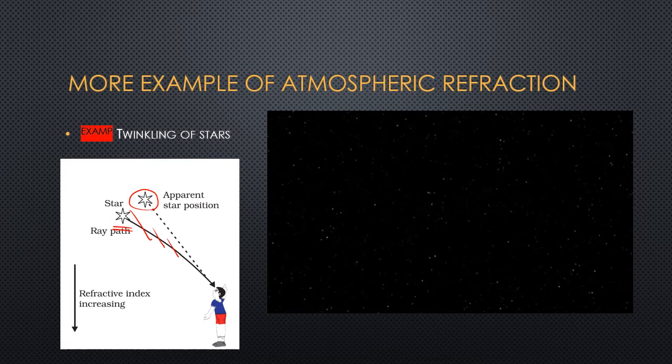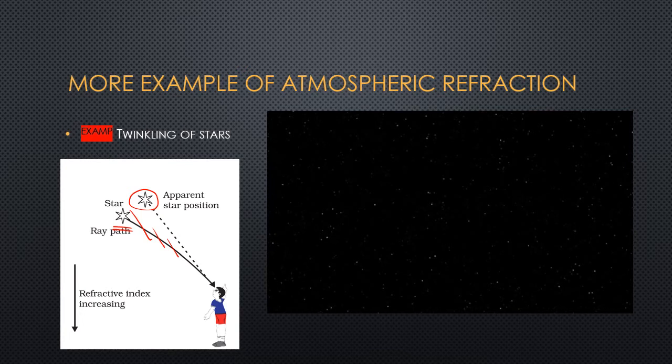But the interesting thing is, the refractive index of the medium is not fixed. Why is it not fixed? Because the physical conditions of the Earth's atmosphere are not stationary. That's why the refractive index is also not stationary. Because of this, there is a fluctuation of the light coming from that star.